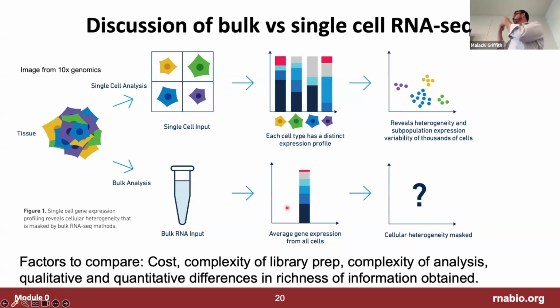And if you just take that bulk sample and do bulk RNA-seq on it, you're getting a very blended view of the transcriptome. All the signals are mixed together. People use different analogies, but the blender one is like you put a bunch of different fruits into a blender and blend them all together and you get a taste, and you can kind of taste the blueberry and the pineapple or whatever.